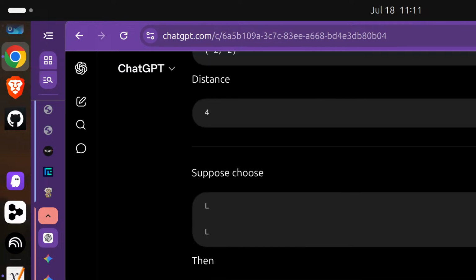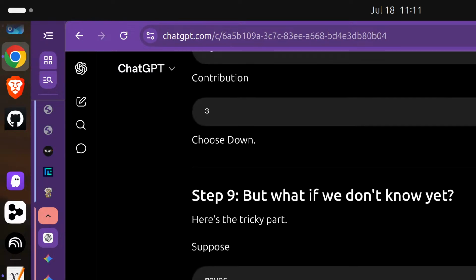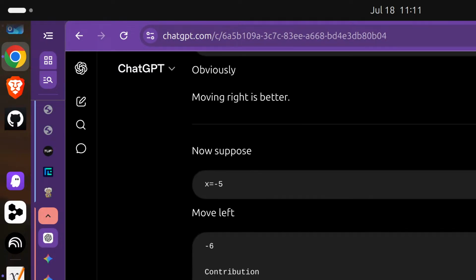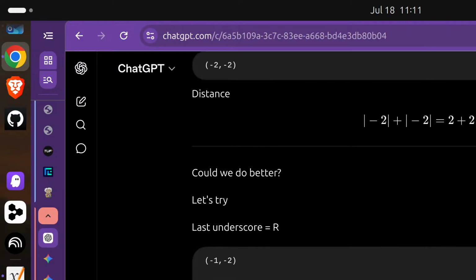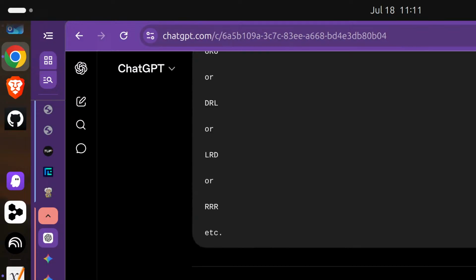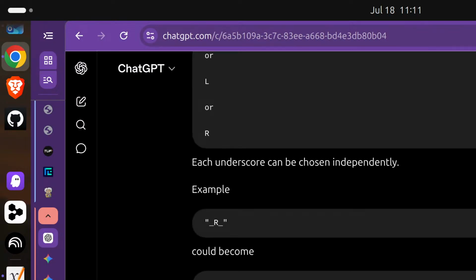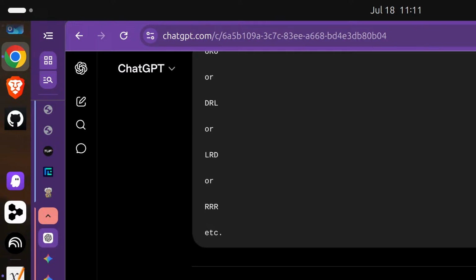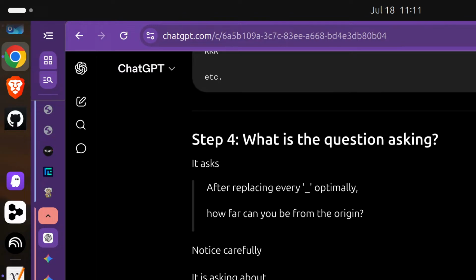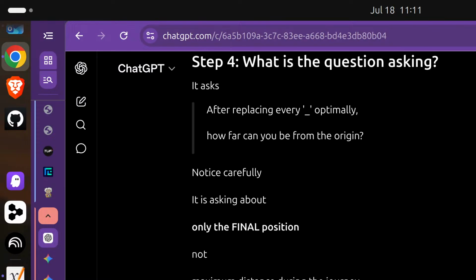Okay, now what is the question asking is after replacing every underscore optimally, how far you can go from the origin. So you can notice here carefully, it is only the final position, not the maximum distance during the journey, right?